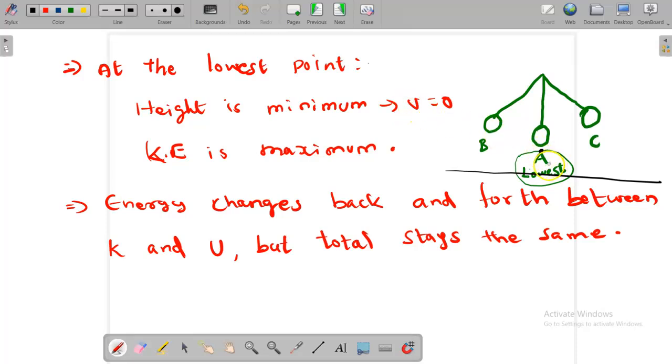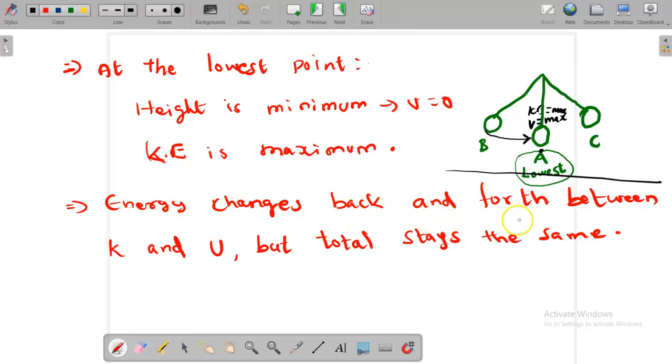So potential energy is 0. Kinetic energy is maximum, because as it moves back to the equilibrium, the speed is at maximum. So kinetic energy at the equilibrium is maximum.